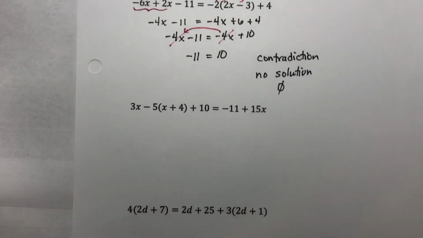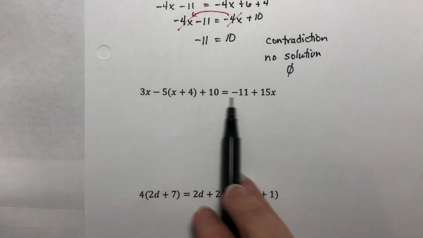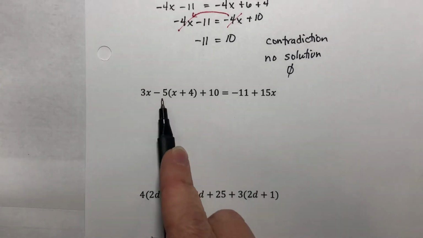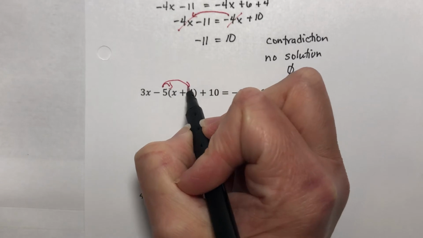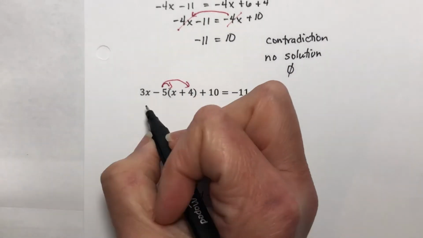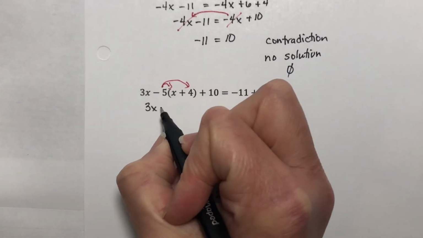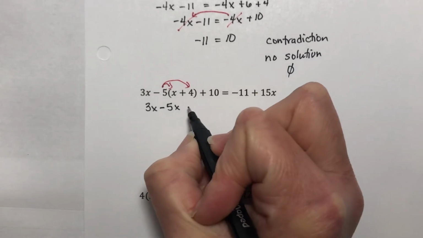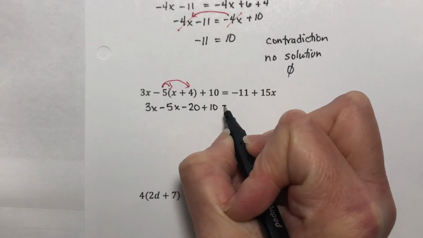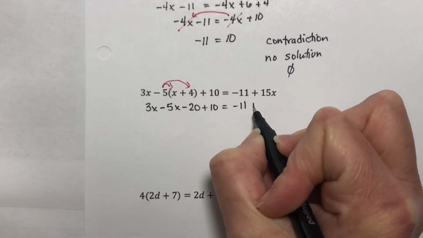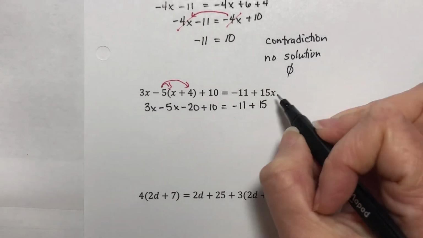Okay, so let's try this one. To simplify this, I need to distribute over here, and then I will need to combine like terms. So I get 3x minus 5x minus 20 plus 10 is equal to negative 11 plus 15x.